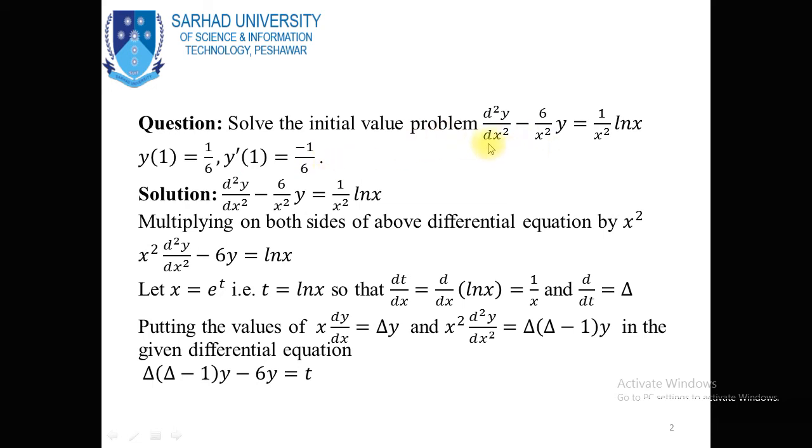Now, first of all, to convert this Euler differential equation to one with constant coefficients, we use the substitution x is equal to e power t, where t is equal to log x, and x into dy by dx is equal to del y, and x square d square y divided by dx square is equal to del into del minus 1 into y.